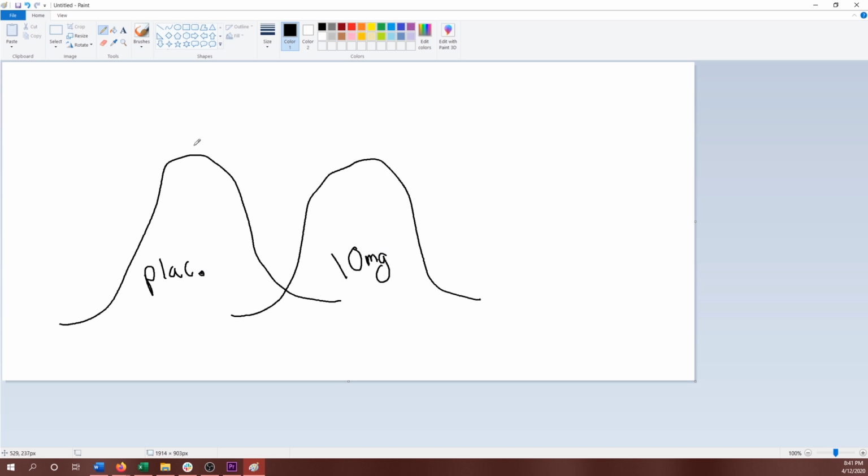A lot of people think it's the difference, so here's where the mean is. Maybe headache severity is lower in this placebo group than in this 10 milligram group, which would be weird. So a lot of people think that the p-value is related to the difference between these two means. It's related to it, but it's not measuring it exactly.